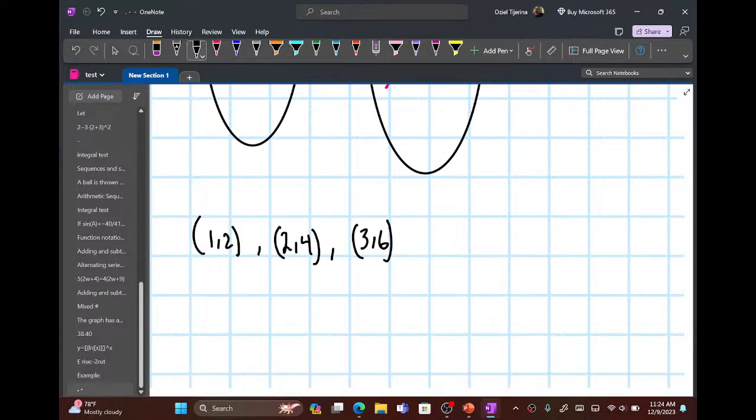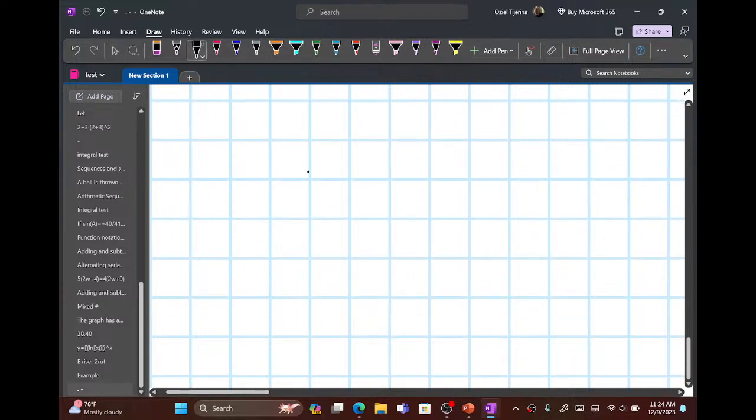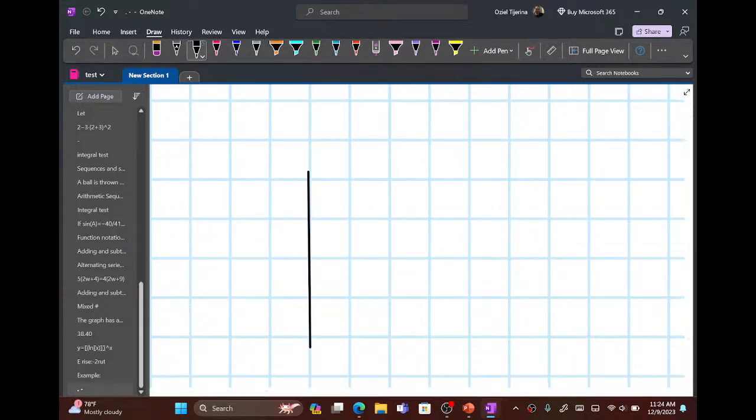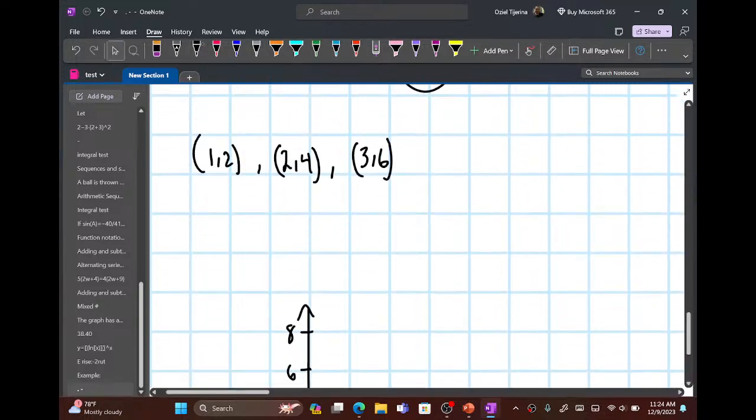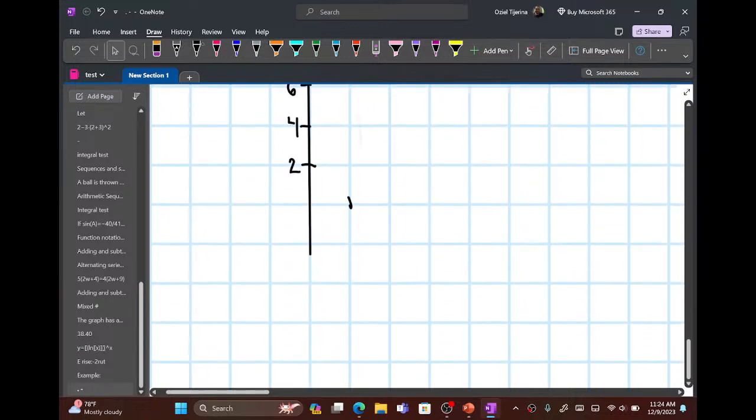So we know that if we put that on a graph, we can list 2, 4, 6, and 8 like that, and 1, 2, 3 here.